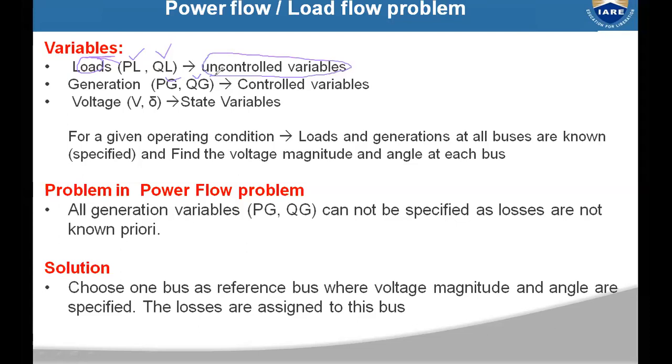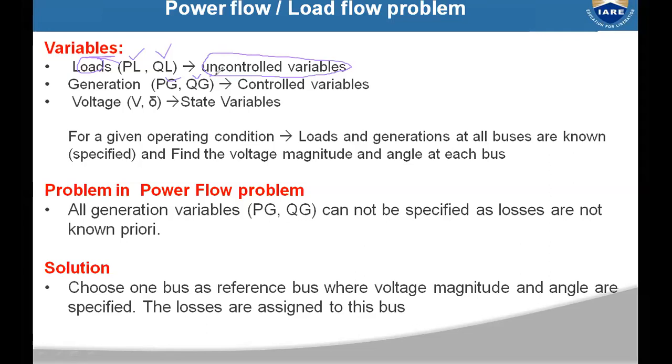You don't know how much load will be put on the system. The load on the system is not constant; it changes every time, so you cannot control it. Because of that, load variables are called uncontrolled variables.